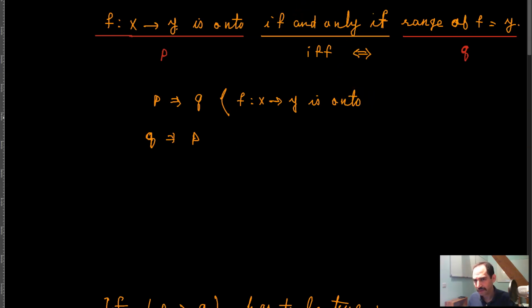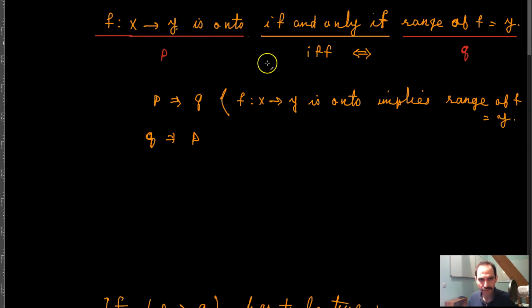Or I can write it this way: f as a function from x to y is onto implies that the range of f is equal to y. That's how I can write it.